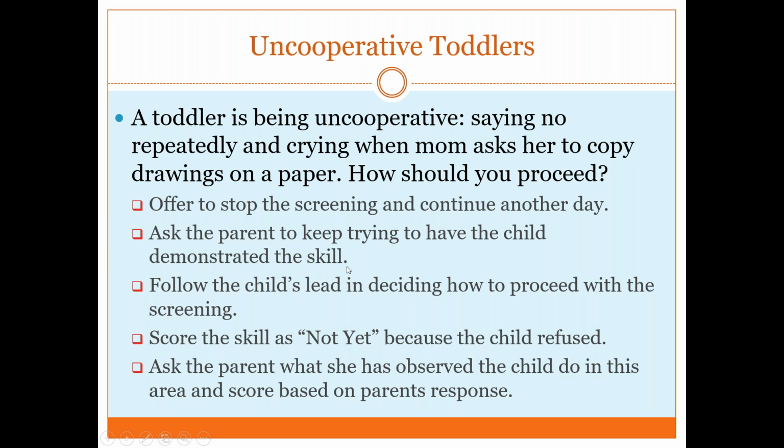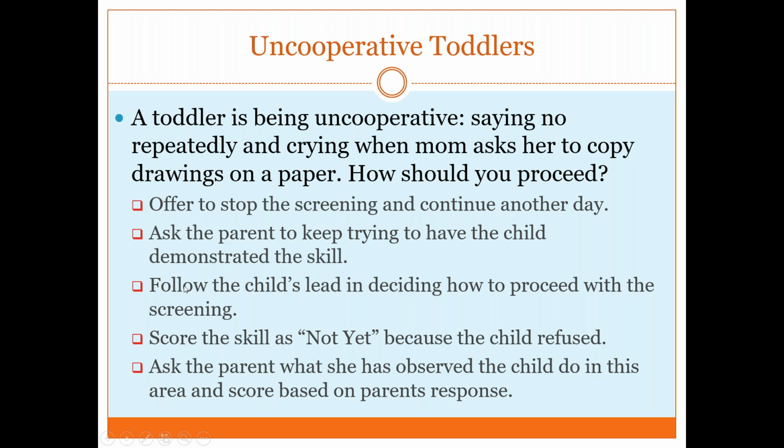Should you ask the parent to keep trying and have the child demonstrate the skill? Should you follow the child's lead in deciding how to proceed with the screening? Should you score the skill as not yet because the child refused? Or should you ask the parent what she has observed the child do in this area and score it based on parent responses? Now remember, this is just not doing one question. We're talking about an uncooperative toddler that just will not continue with the screening from a certain point on. What do you do?